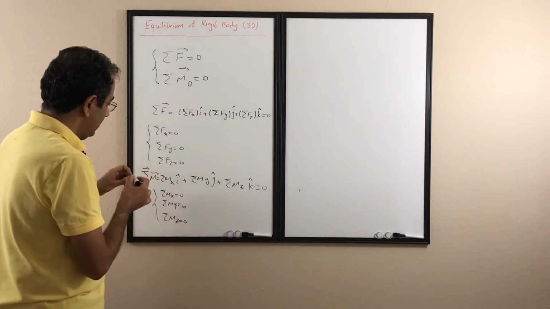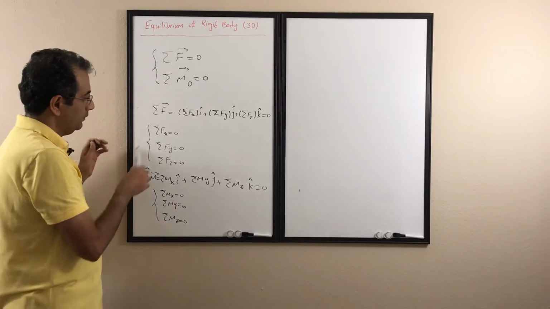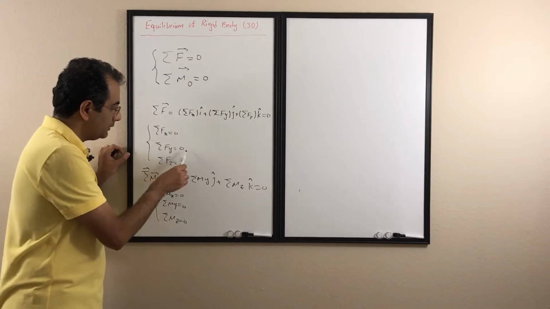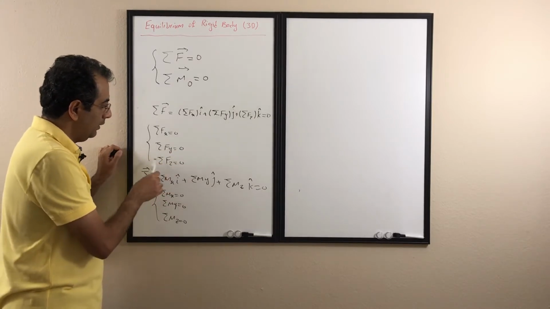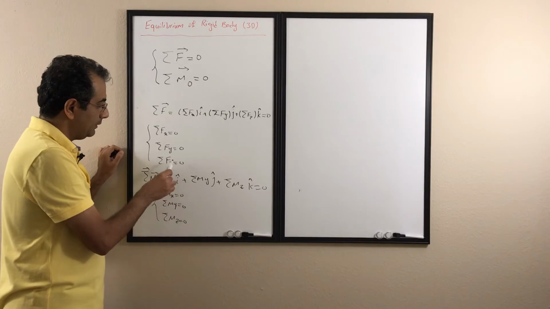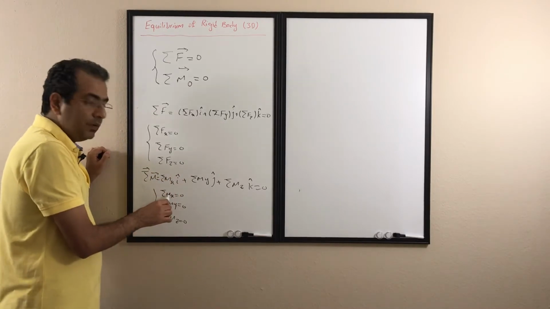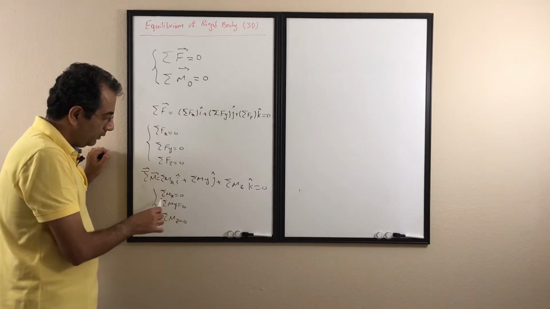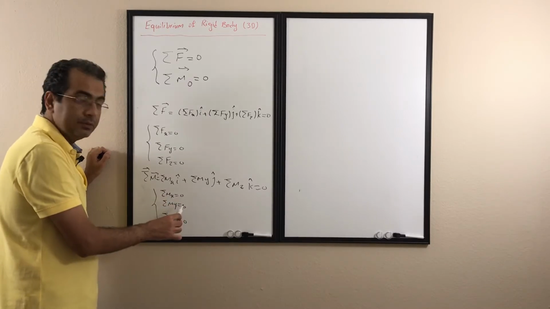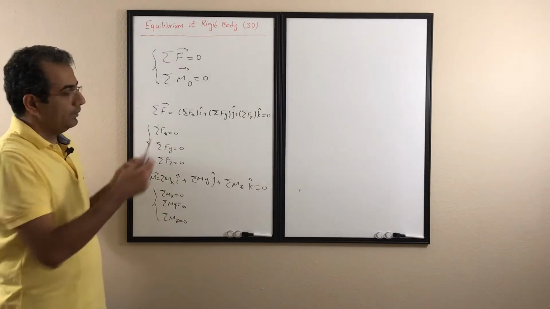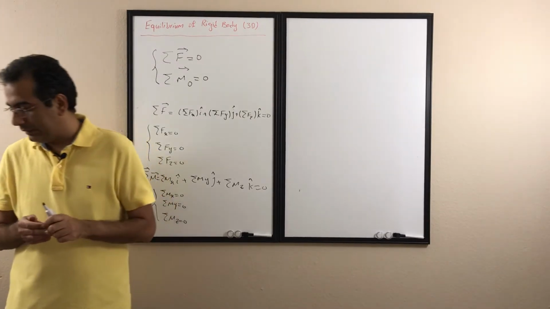In other words, it is very similar to what we have in 2D. All the forces along the x-axis should be 0, all the forces along the y-axis should be 0, all the forces along the z-axis should be 0. The same, all the moments about the x-axis should be 0, about the y-axis should be 0, and about the z-axis should be 0.